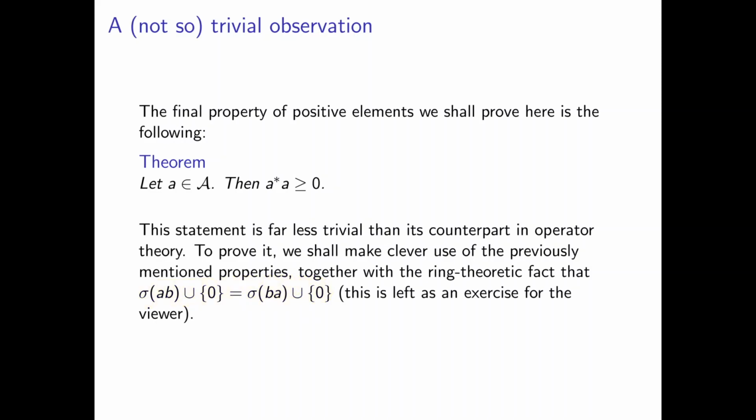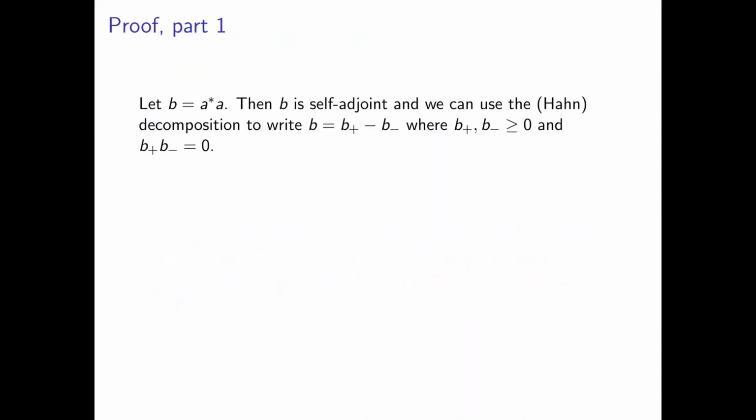How does the proof look like? So first off, we need to use some auxiliary notation and prove this thing in a few steps. So first we set B equal to A star times A. And then we see that B is a self-adjoint element, and we can use this Hahn decomposition to write that B is equal to B plus minus B minus, where both of these are positive elements and where their product is equal to 0.